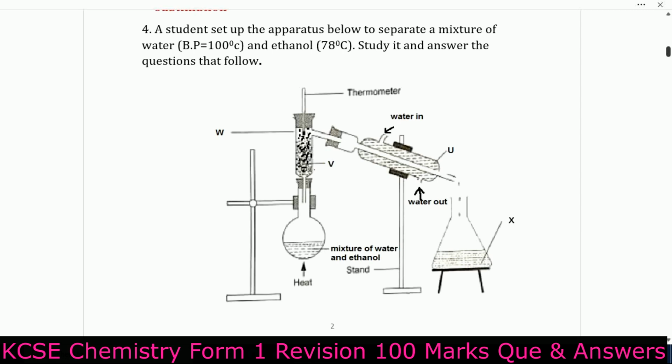You can see it there. We have a thermometer, container W, heat, a mixture of water and ethanol being heated, apparatus U, water out, water in, and X.